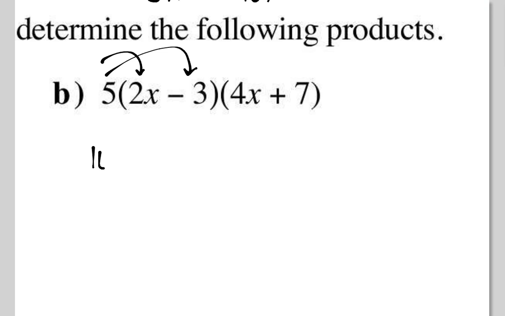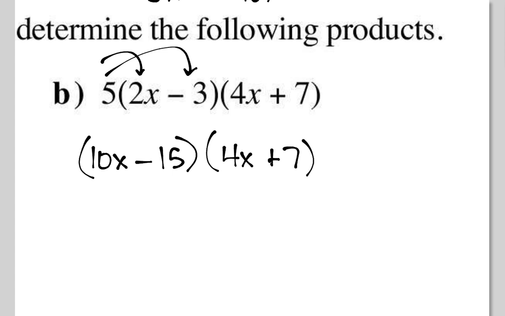So you got a 10x minus 15. So the first bracket gets scaled by 5. And it doesn't matter which one you put it in, but I think it would make sense to put it in the first one. Ultimately, it doesn't matter, as long as you only do it once. To be honest, I would do the 5 last, but whatever.